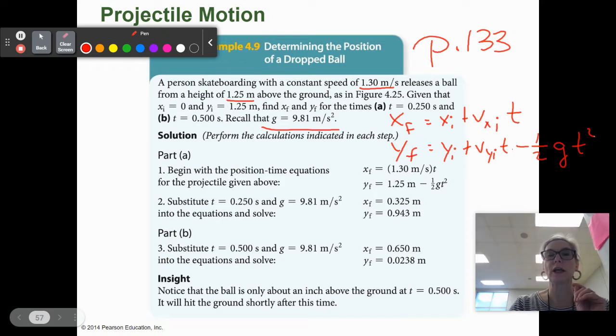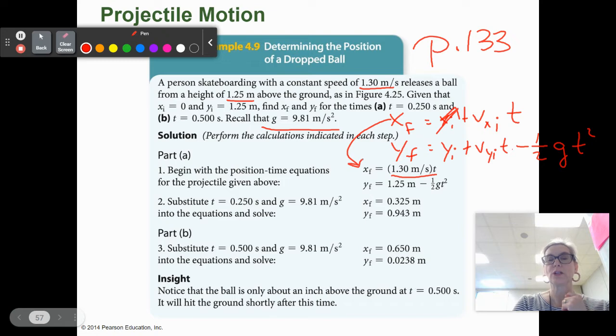So we're going to put in xi as 0, so that whole thing is going to fall to 0. Then we're going to put in our time and our speed right here. So that's what this equation will turn into. And then we're going to plug in our initial position for y is 1.25. And the vyi, the initial velocity in the y direction, there is no initial velocity in the y direction.